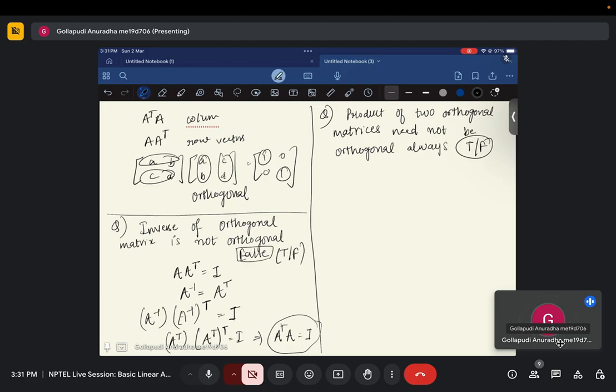Okay, shall I tell the answer? It is a false statement. It has to be orthogonal. So we check how it is.